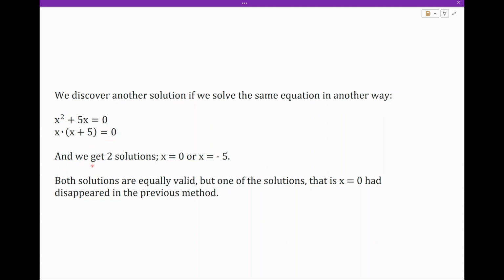And we get two solutions: x is equal to 0 or x is equal to minus 5. Both solutions are equally valid, but one of the solutions, that is x is equal to 0, had disappeared in the previous method.